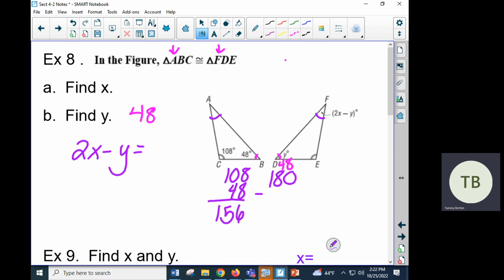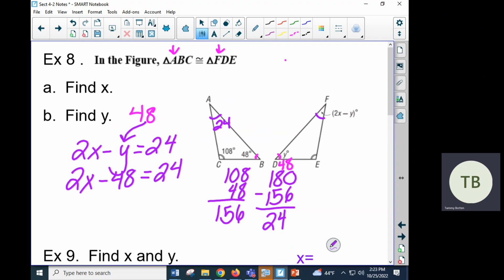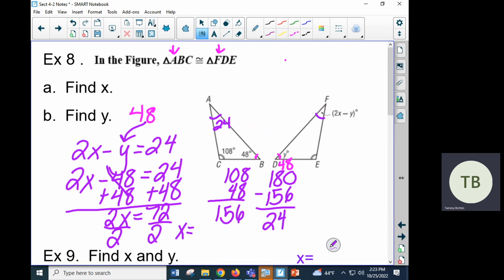And if I take 180 minus 156, that's 24. So now the 2x minus y equals 24, and I know that y is 48. So I can write this as 2x minus 48 equals 24, and then just go ahead and use algebra to solve it. So I get 2x equals 72, divide by 2, and x is 36.